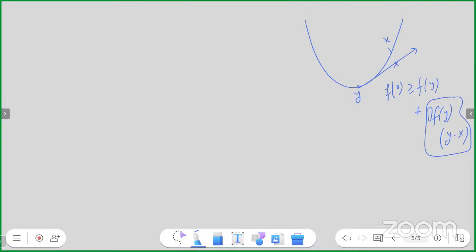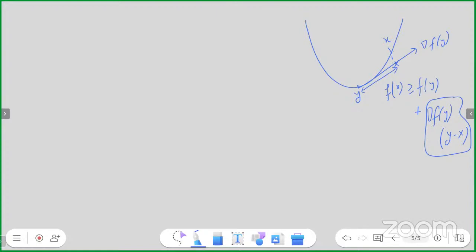What is this right hand side in this picture? Where should I put it? The point on the tangent below x. Yeah. So in this direction, how far am I walking? Still I'm below.